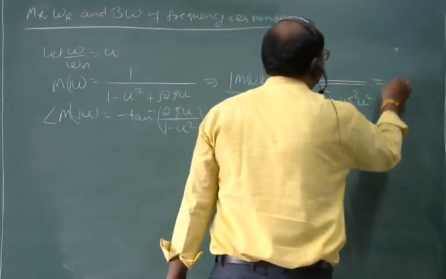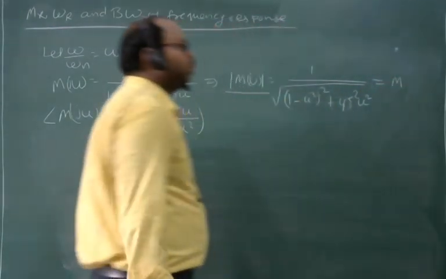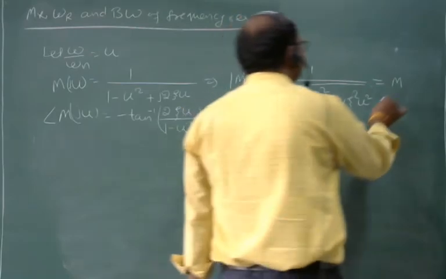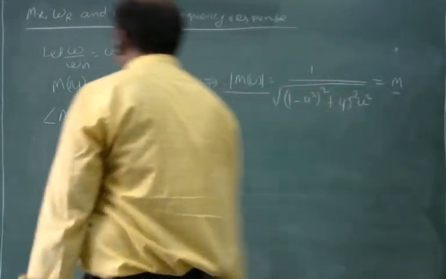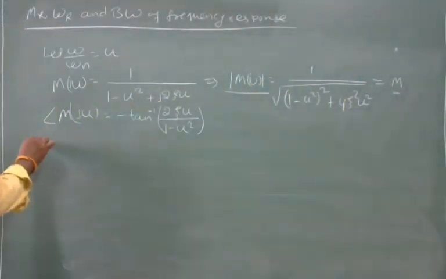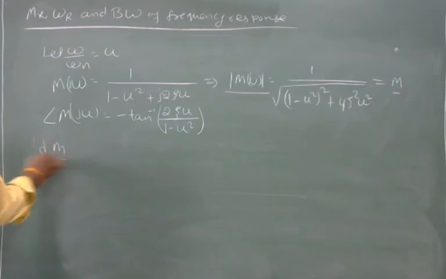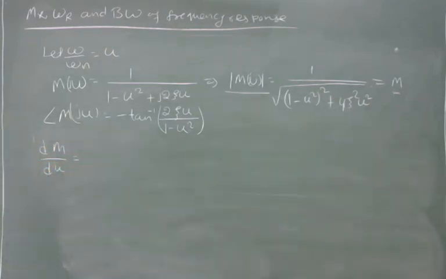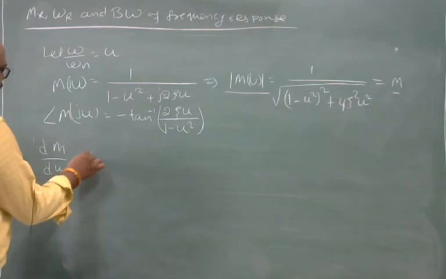Let us write it as m. What will be the maximum value of m? So for finding the maxima of this m, we'll take the first derivative of m, dm by du, and make it equal to 0.